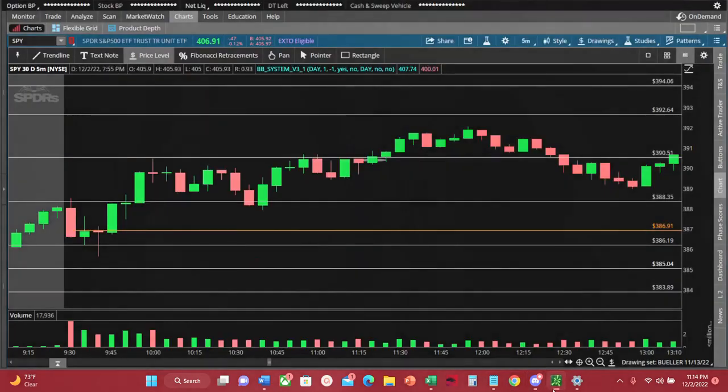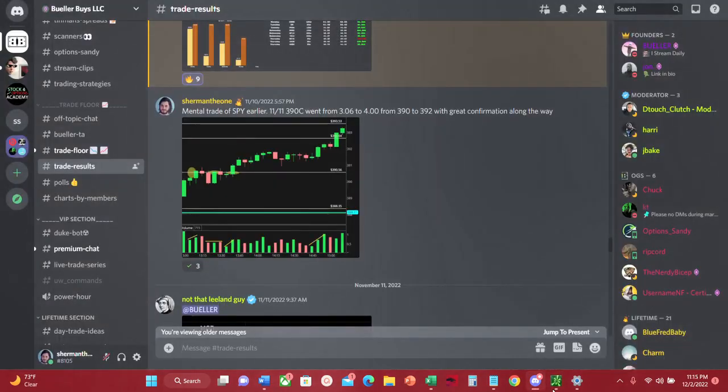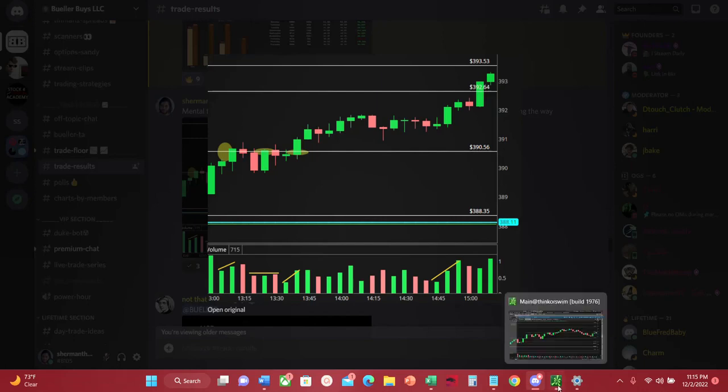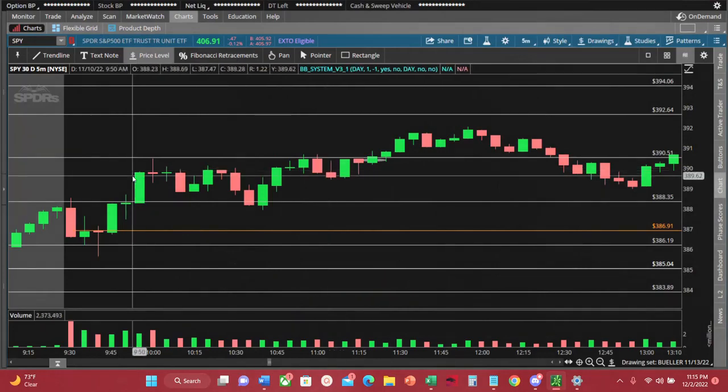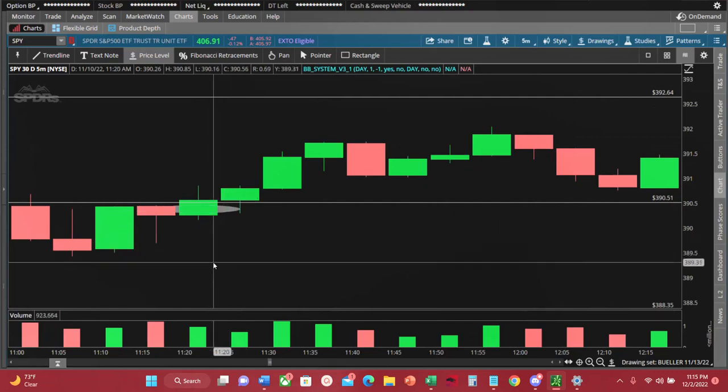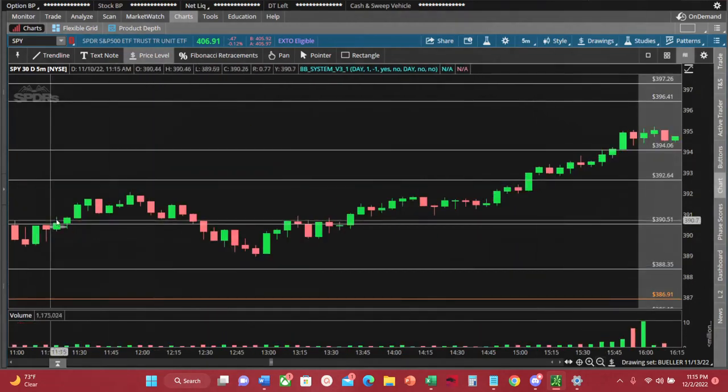390.56. Alright, so this is what I liked about this trade. We had a nice initiating movement past this level here, the 390.56. Right there, I can see where I put my oval there. So that's where I was looking.